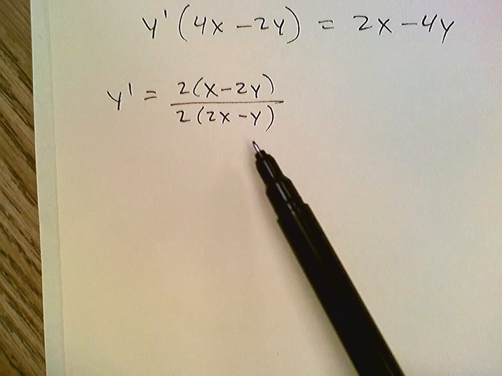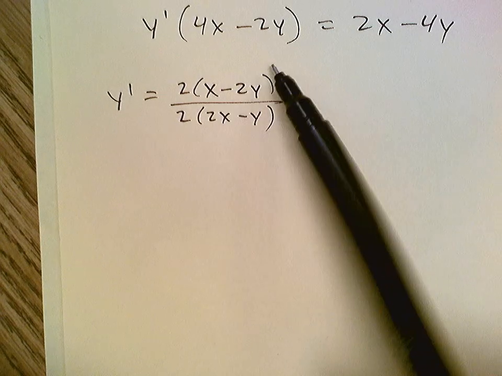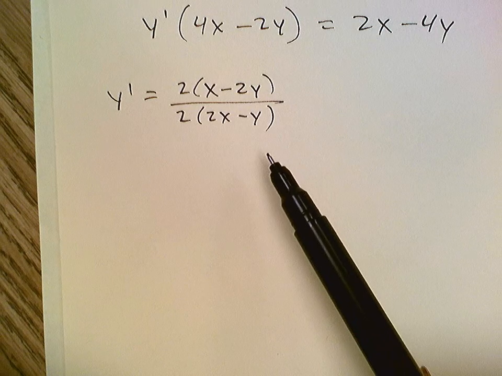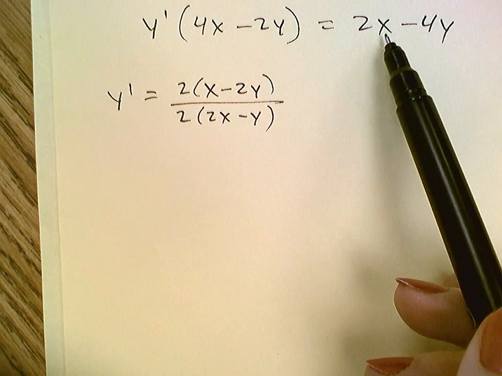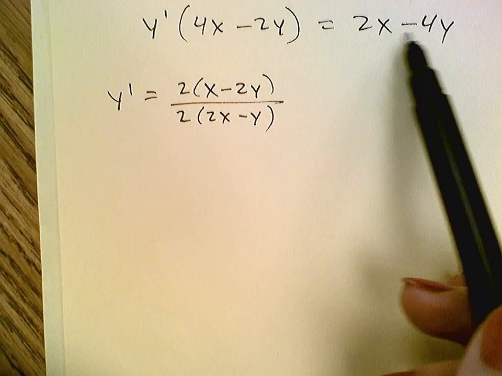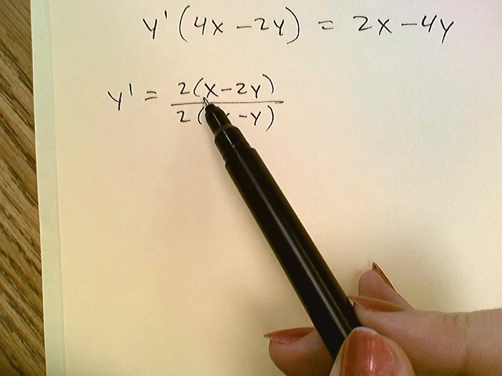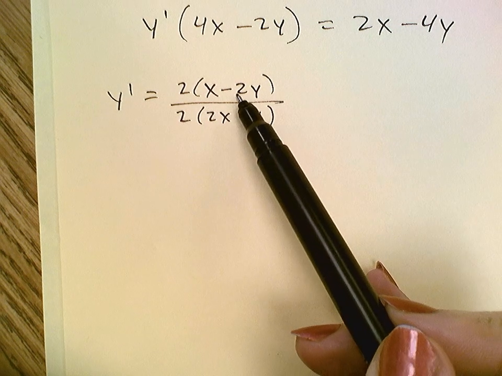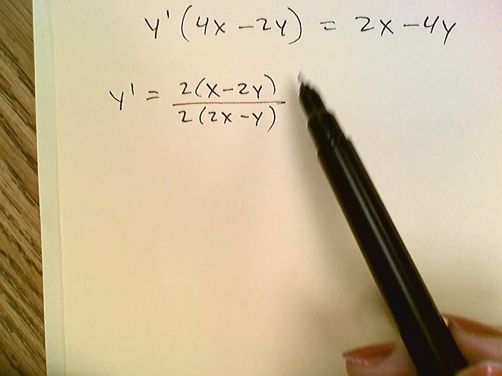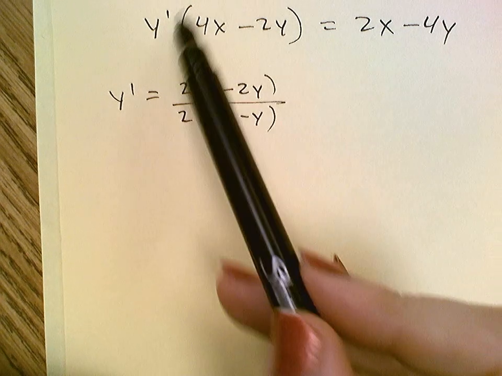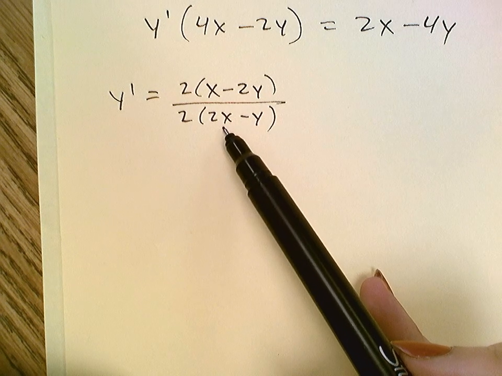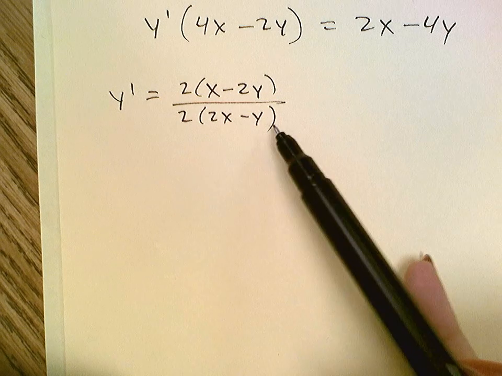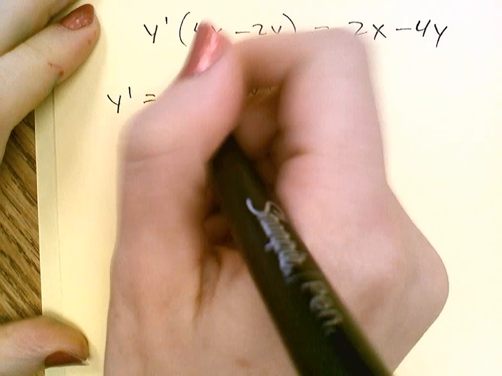Oh, never mind. I thought these canceled. Let me make sure I'm right. So this was 2, shouldn't have skipped a step. This is 2x minus 4y. I factor out a 2, and that's x minus 2y. I'm just talking out loud for myself. And then I'm dividing by this, but I factor out a 2 there. 2x minus y. All right. Cancel those.